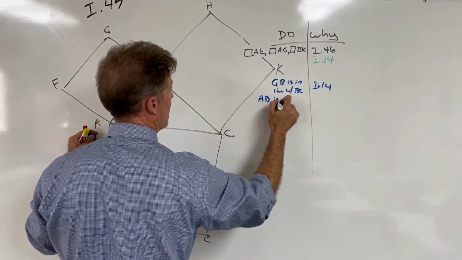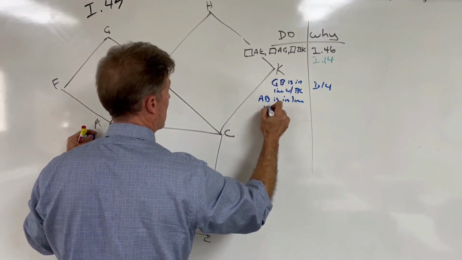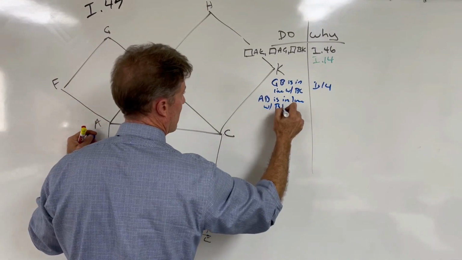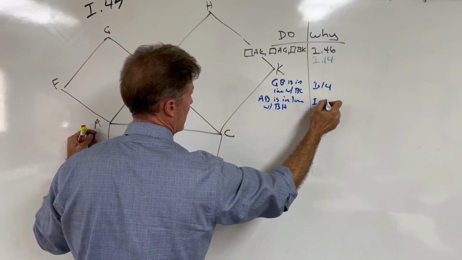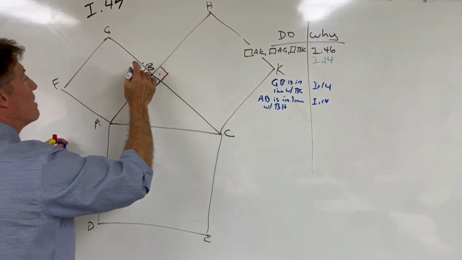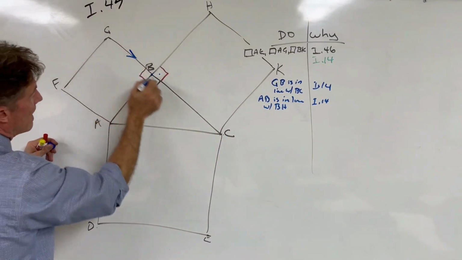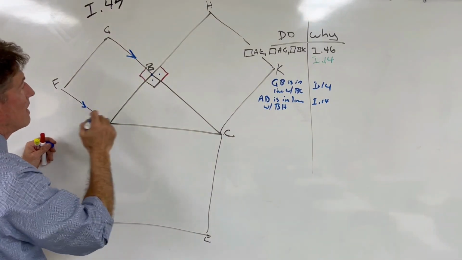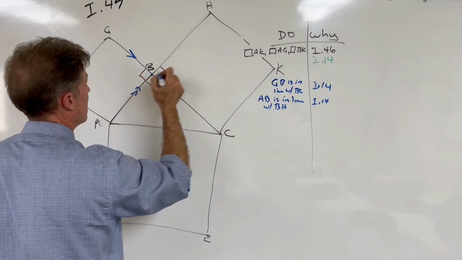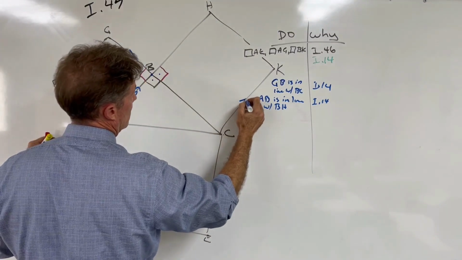So AB is in line with BH. Again, Prop 14. This is important because later on we're going to need to know that this whole line is parallel to this whole line. And likewise, we're going to see that this whole line is parallel to this line.